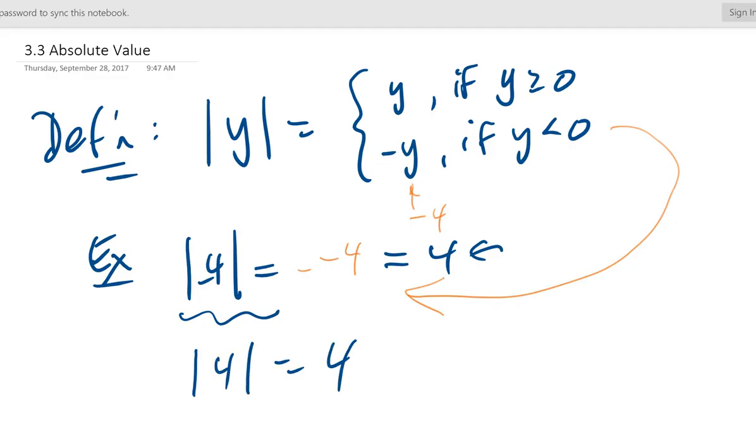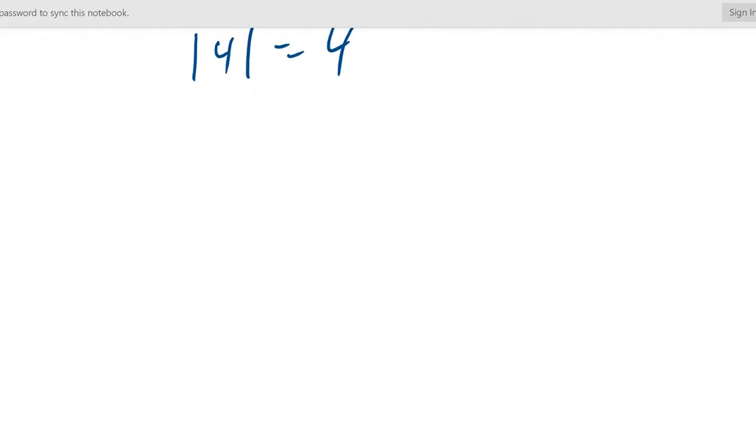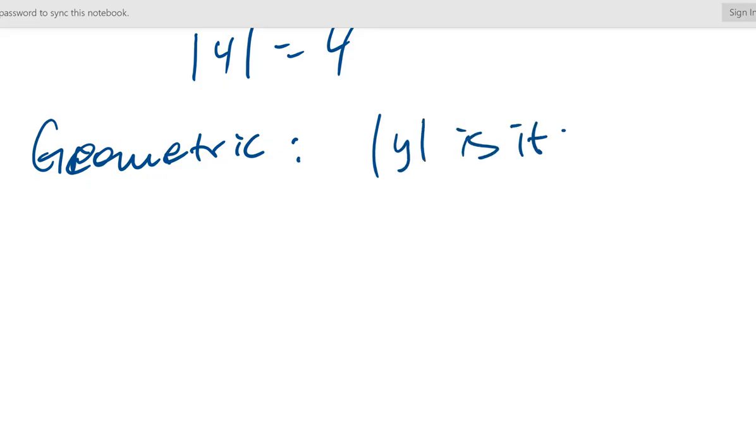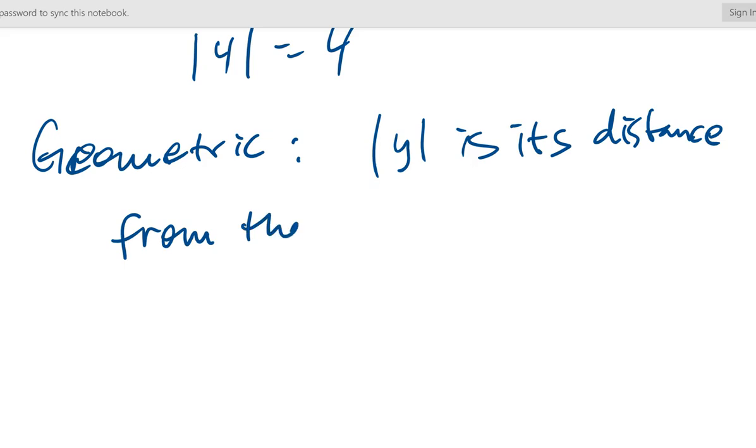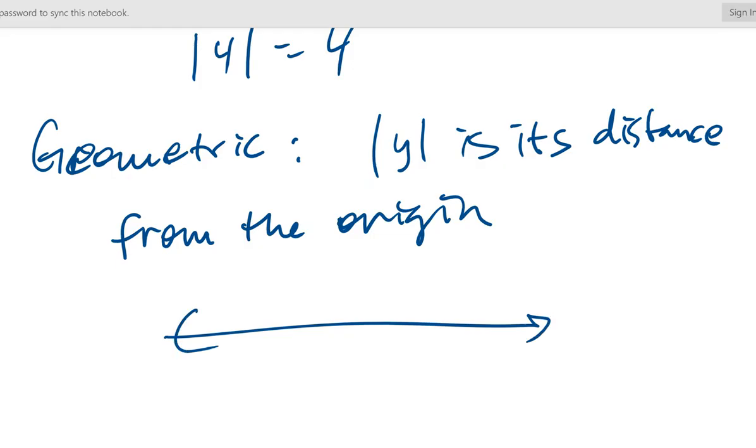Okay. Now, the graphical, the geometric way of looking at this is that the absolute value of y is its distance from the origin. That's another way to look at it. So let me look at 0 first. Negative 4 is here, and 4 is to the right of 0.